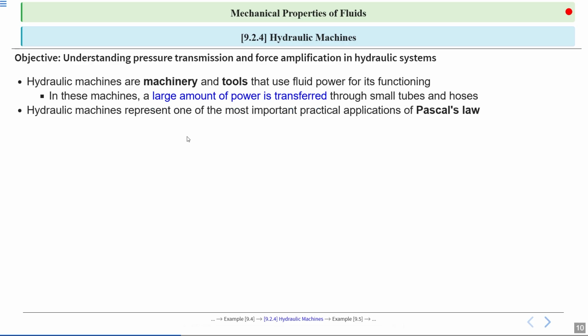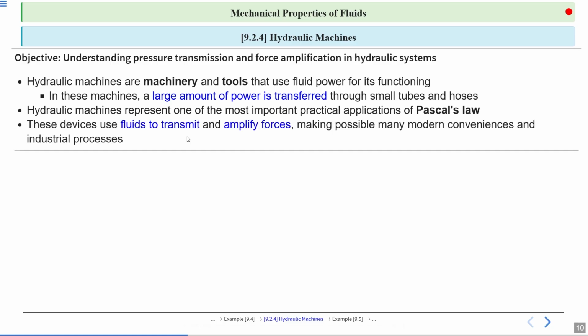Hydraulic machines are a practical application of Pascal's law. This law states that pressure applied to a confined fluid is transmitted undiminished in all directions. Understanding this principle helps us see why hydraulic systems can effectively amplify force, making them so powerful in industrial applications.